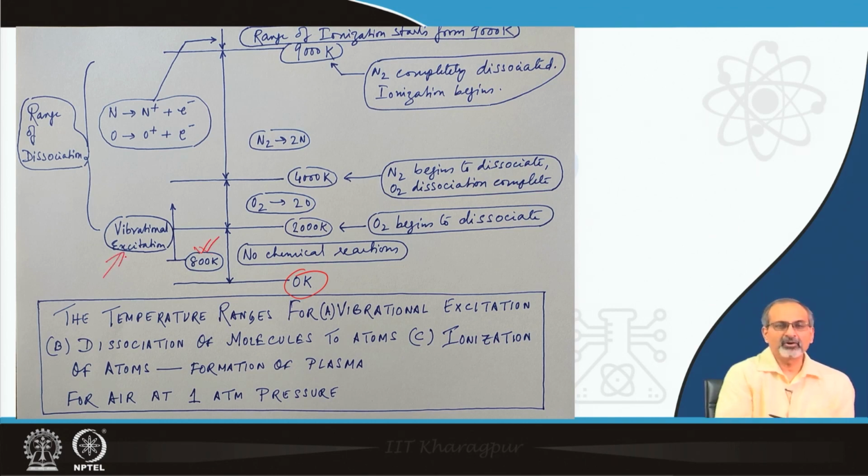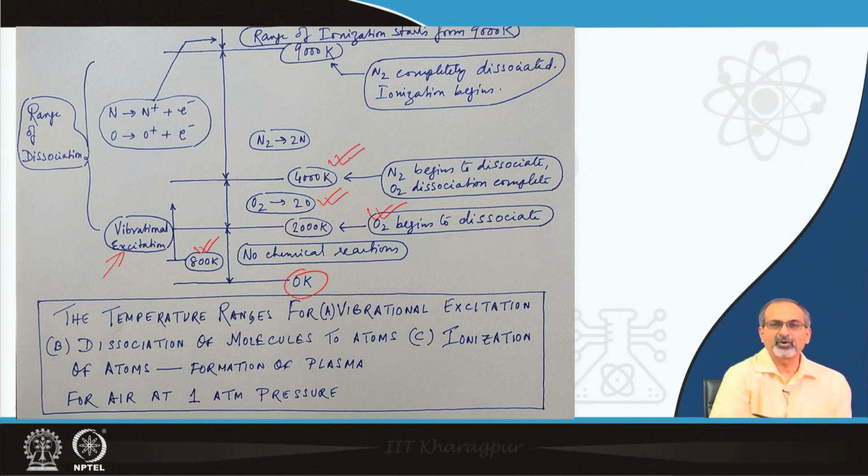At 800 and onwards, vibrational excitation sets into the molecules, let us say nitrogen molecule, oxygen molecule and so on. It does not affect atoms. However, atoms at that point are not existing because dissociation of molecules can only lead to atom formation, and that starts with oxygen at around 2000 to 2500 Kelvin, where molecular oxygen turns to atomic oxygen.